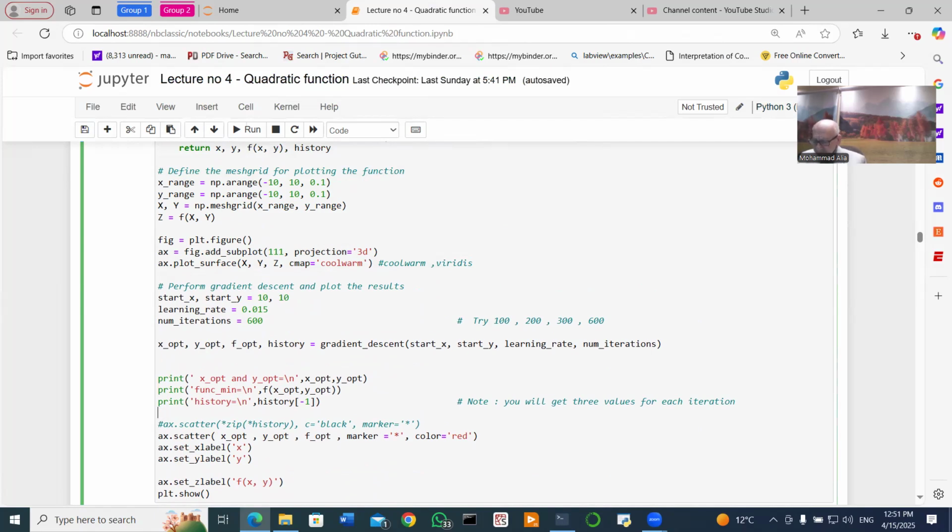Here, print history equal to n dot history. And now let us see what we will get.